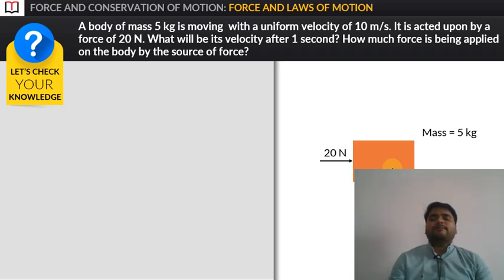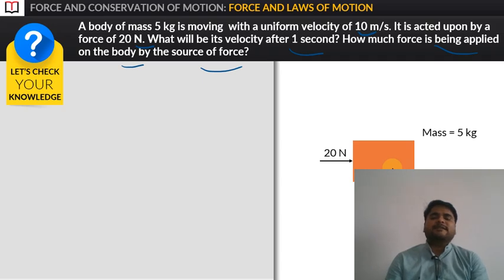A body of mass 5 kg is moving with uniform velocity 10 meter per second. It is acted upon by a force of 20 Newton. What will be its velocity after 1 second? How much force is being applied on the body by the source of force?